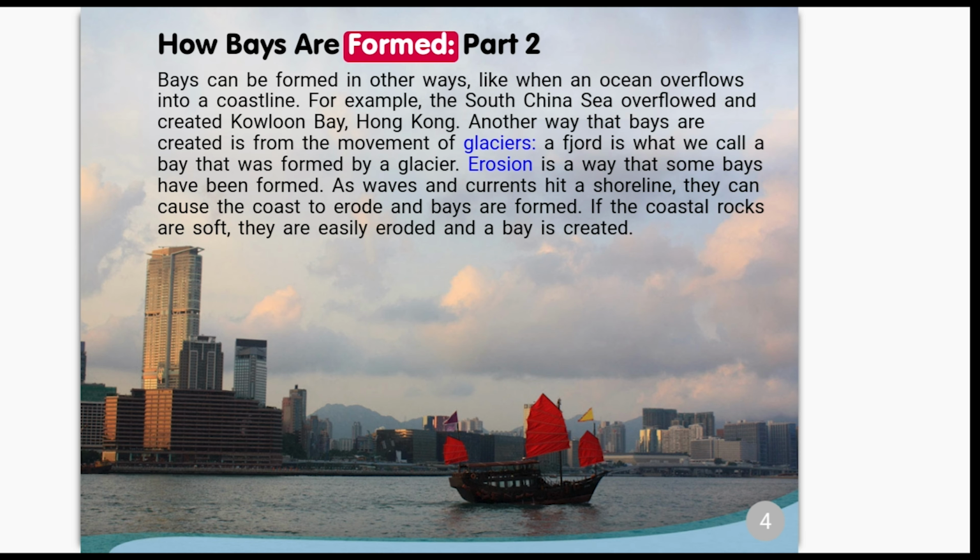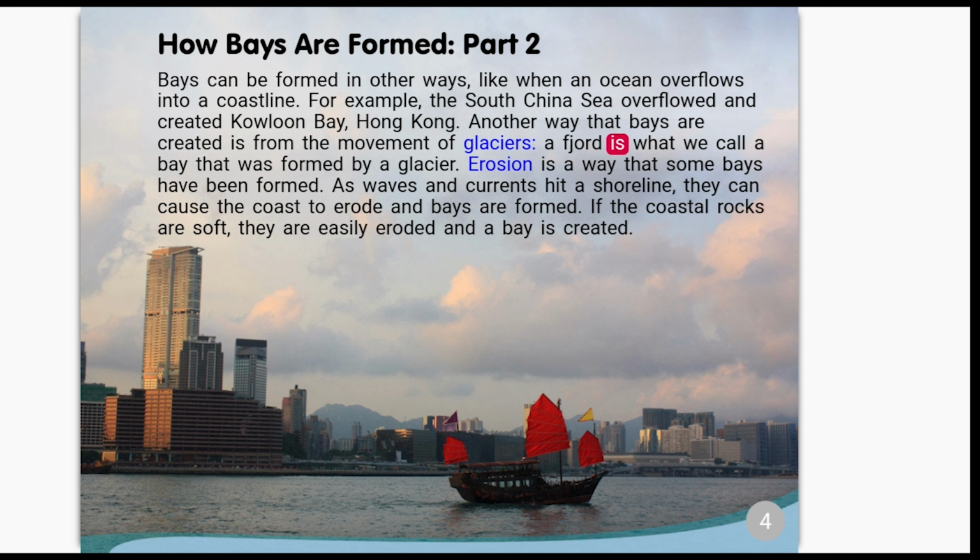How bays are formed, Part 2. Bays can be formed in other ways, like when an ocean overflows into a coastline. For example, the South China Sea overflowed and created Kowloon Bay, Hong Kong. Another way that bays are created is from the movement of glaciers.